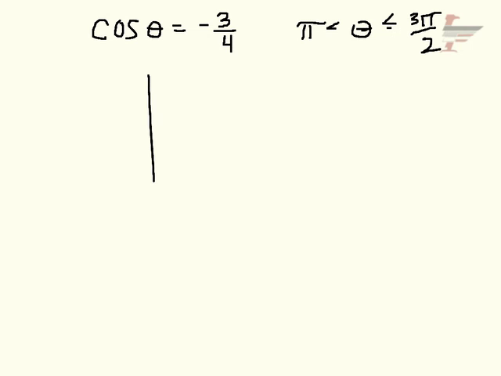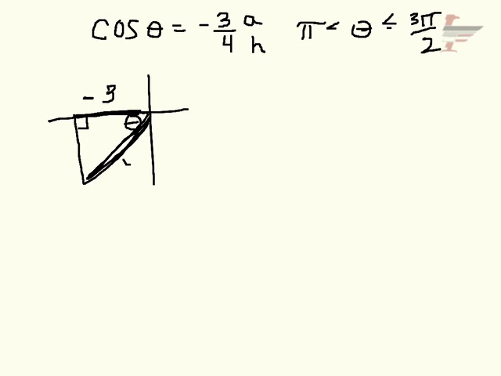If I draw my angle here and connect it to the origin, there's theta at the origin, and cosine is adjacent over hypotenuse. So my adjacent is the -3, and my hypotenuse is the 4.